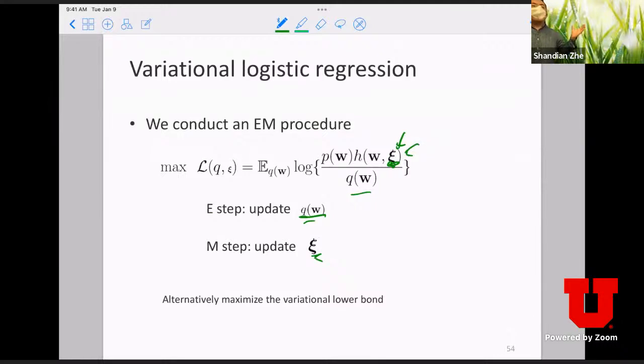You just replace the joint distribution by its lower bound. And this auxiliary parameter C is just introduced to relax the form of the joint distribution. It's not some model hyperparameter. There are some conceptual differences, although the computation steps are very similar to each other. Does it make sense?